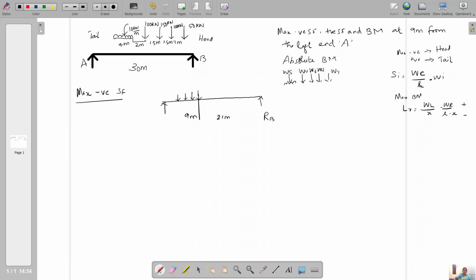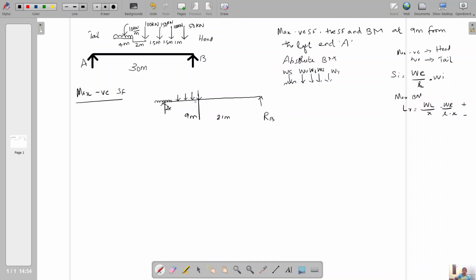You compare the distances 1, 1.5, 1.5. So totally 4, 6 plus 4, totally 10 meter span is required, but we have only 9 meter on the left side. So some portion of the UDL will be away from the support.